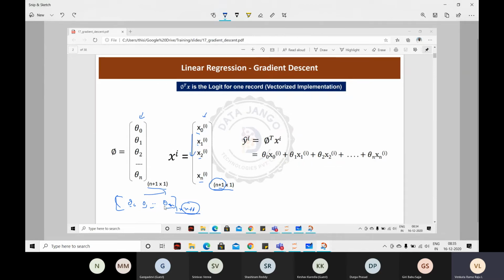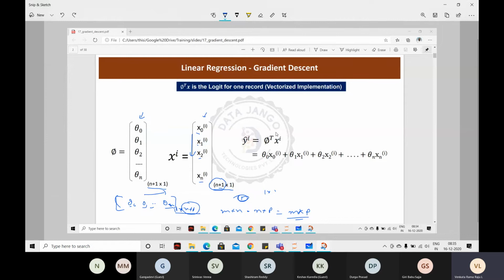The outcome of the matrix multiplication is what? 1 by n plus 1 multiplied with n plus 1 by 1 is 1 by 1. m by n into n by p is equal to an m by p matrix. So the outcome is a 1 by 1 matrix. What is that? The predicted value.